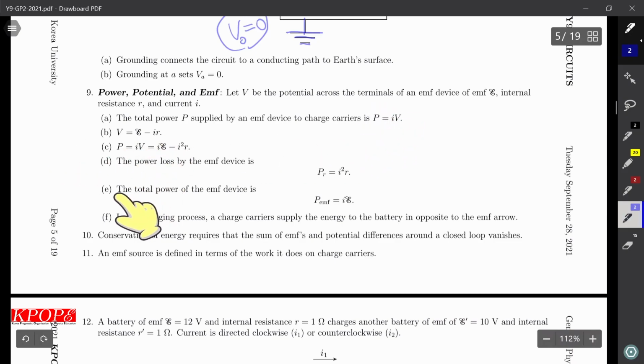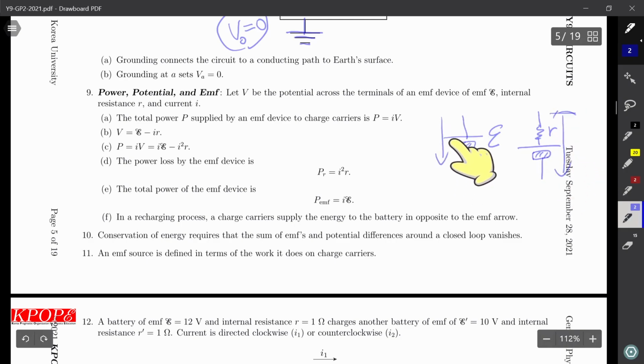And V: this pure EMF is E, but the EMF device contains internal resistance, and we have seen the potential difference is E minus I small r, and E minus Ir is the capital V.